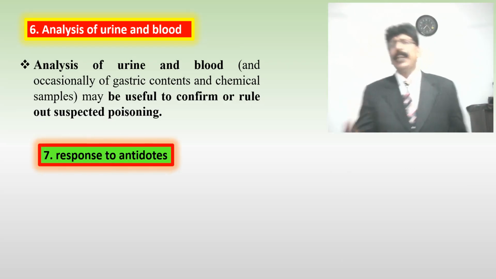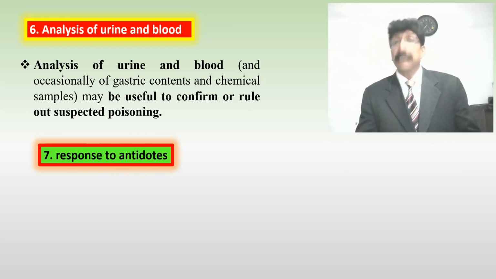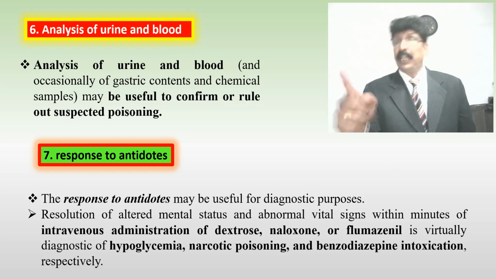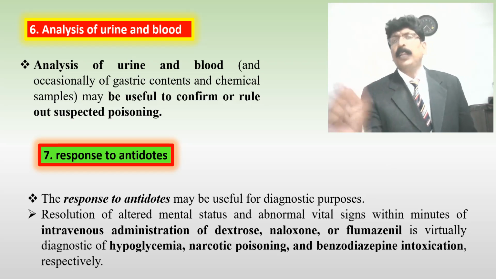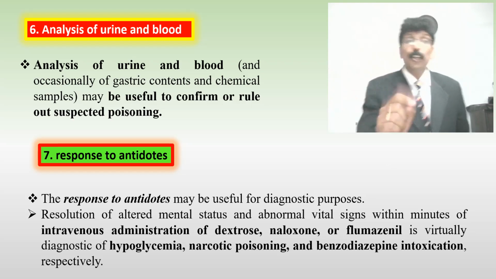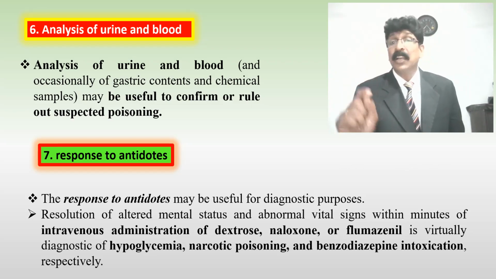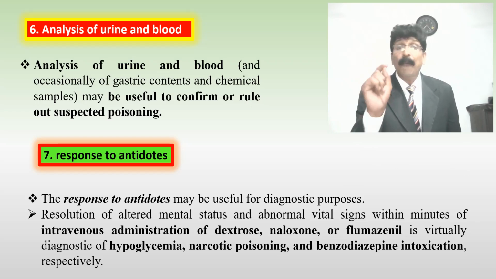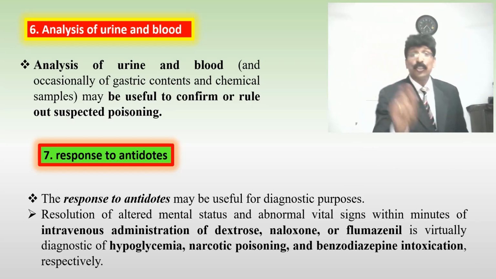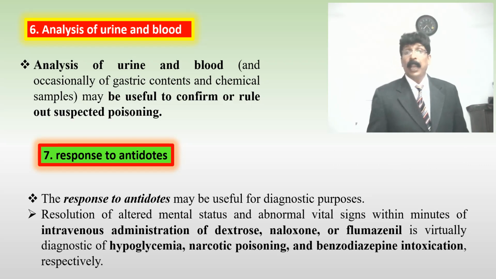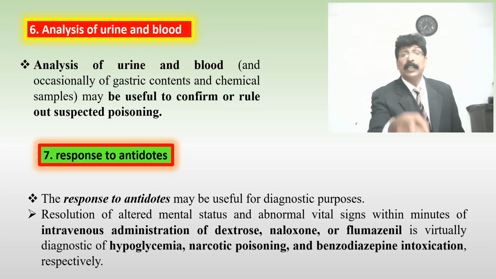Response to antidote. Some of the antidotes we can just test. Response to antidotes may be useful for diagnostic purposes. Here I have given only 3 examples; there are many. Resolution of altered mental status and abnormal vital signs within minutes of intravenous administration of dextrose tells you it is due to hypoglycemia. Naloxone: when you inject naloxone and there is a response, then you can say it is narcotic poisoning.